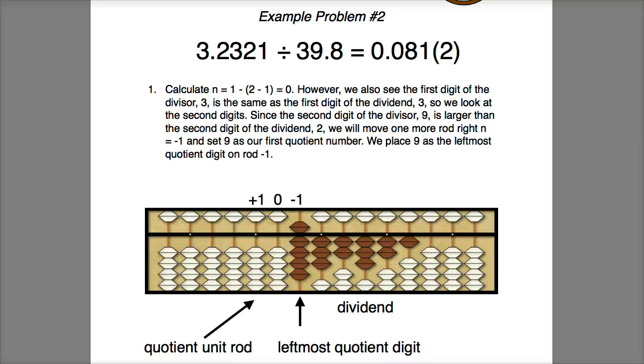However, we also notice that the first digit of the divisor is the same as the first digit of the dividend, both 3. So we're going to have to compare the first two numbers and move our n value one more rod to the right. So we're going to move from 0 to minus 1.